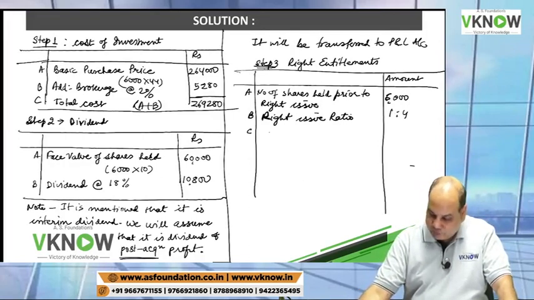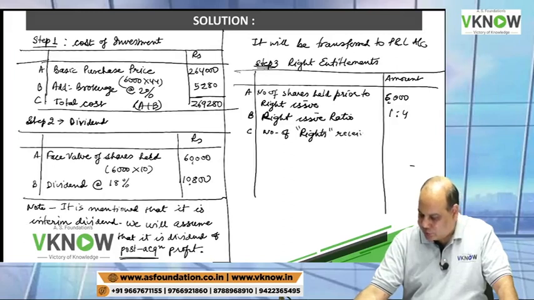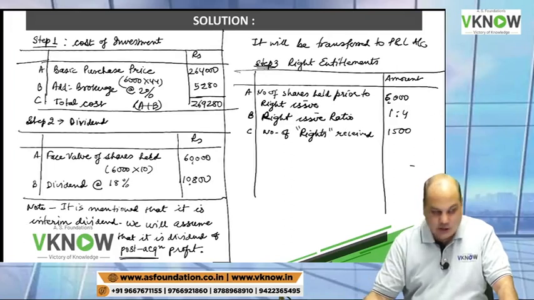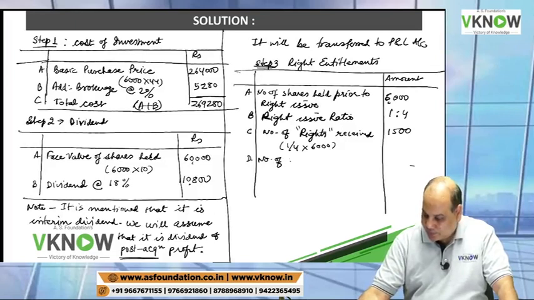Point C, number of rights received. So that will be 1500, that is 1 by 4 into 6,000. Number of right shares purchased.